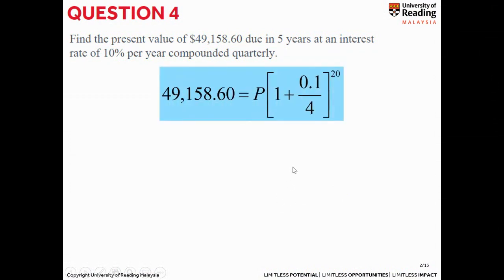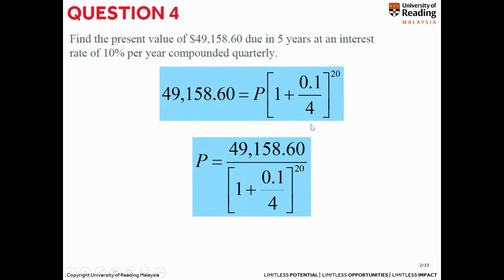So put into the formula of the compound interest. In this case, quarterly, M is 4. For 5 years, you have 4 times 5, therefore the power of the bracket here is 20. Bring the bracket to the left hand side, switch the side, then use your calculator and work it out. Your answer should be 30,007.